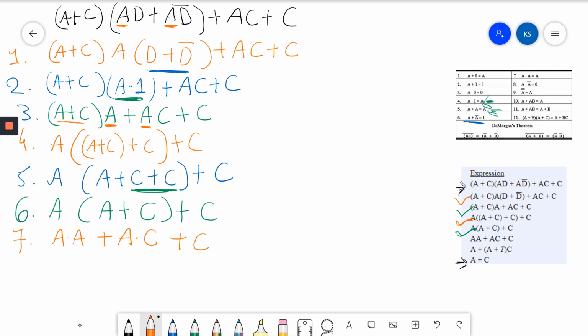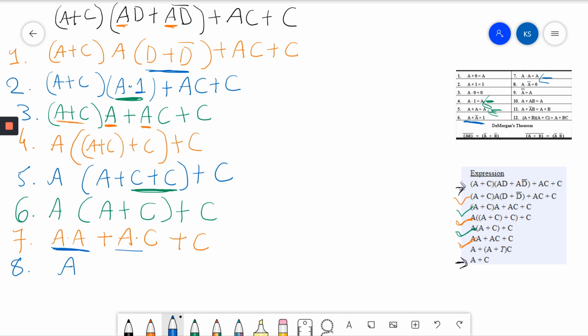See, so this step we got. Now after that, next, the eighth step. My eighth step is a dot a. What is a dot a? Now let's check the rule. Seventh rule says a dot a is equal to a. Okay, so instead of a dot a, I can simply write a.